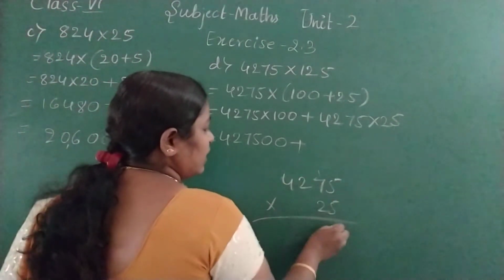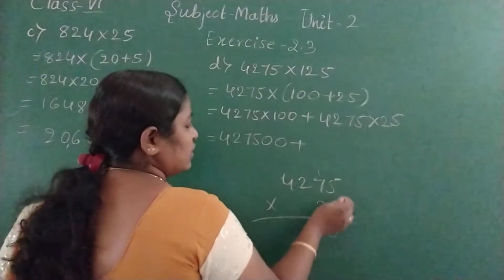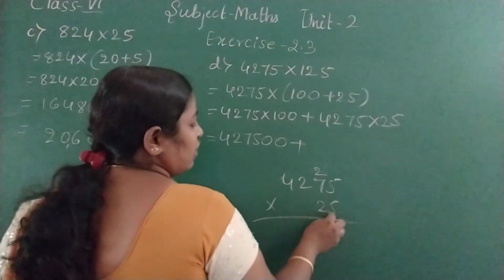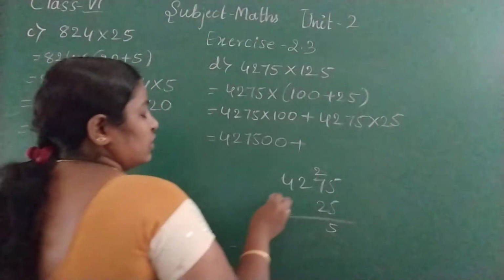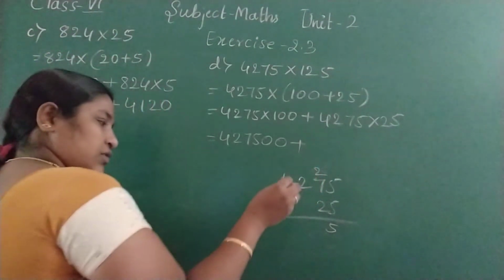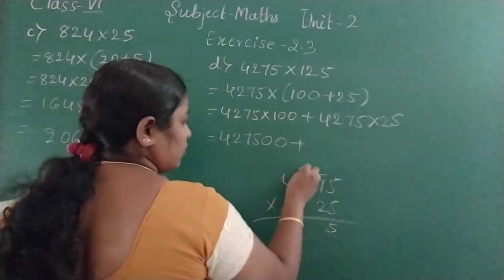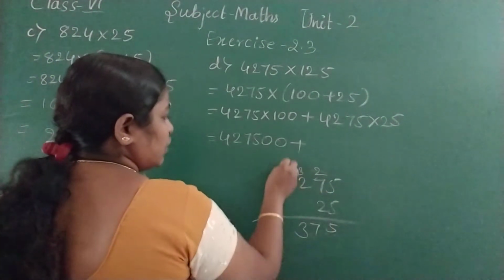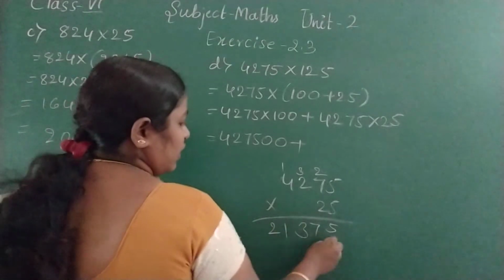5 5s are 25, 5 7s are 35, 5 2s are 10, 13, 5 4s are 20 plus 1, 21.